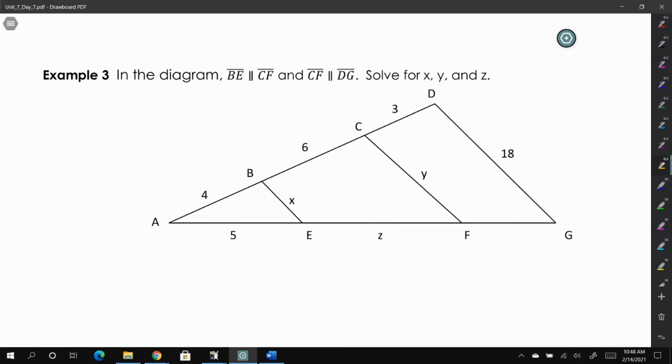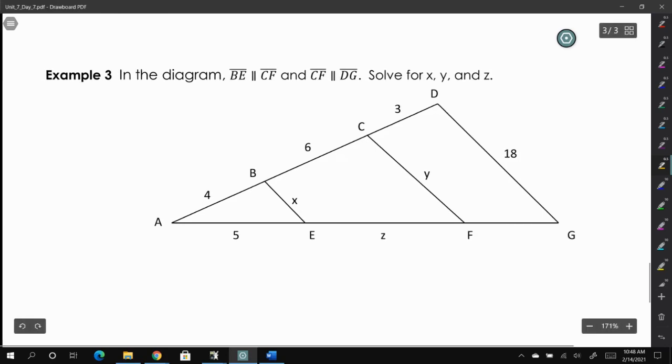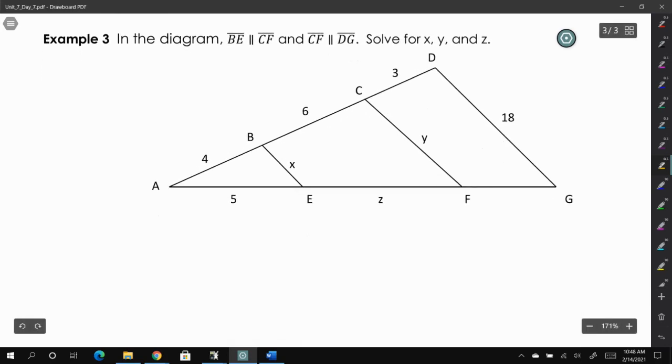But we're trying to find X, Y, and Z. So I think we should find Z first, because we have 4 over 6, and that will equal 5 over Z.